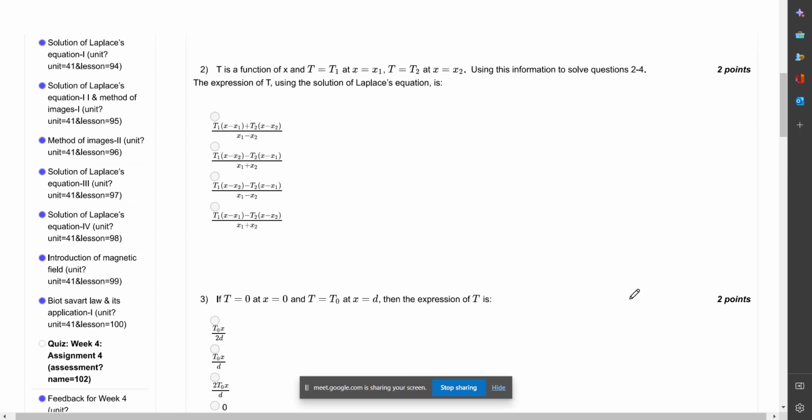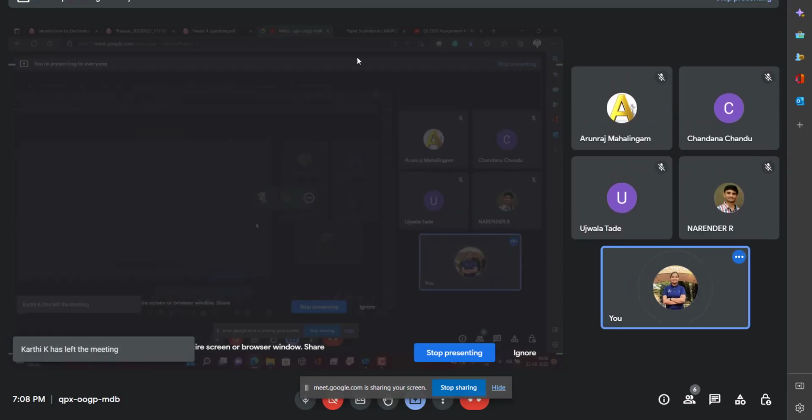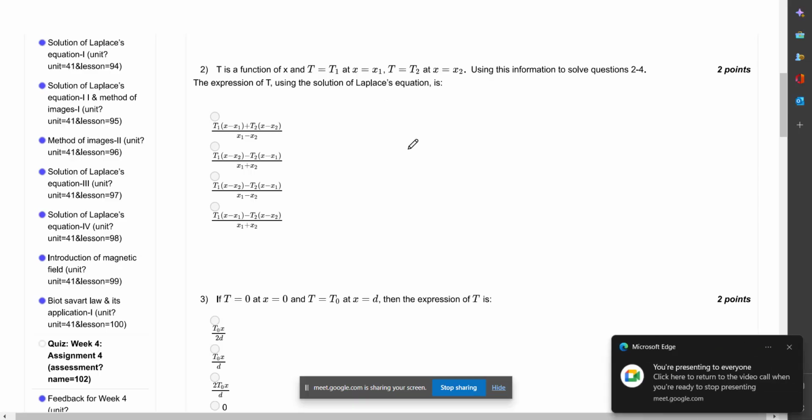Okay, I will go ahead. Question number 2. T is a function of x, and capital T is equal to T1 at x is equal to x1, and capital T is equal to T2 at x is equal to x2.